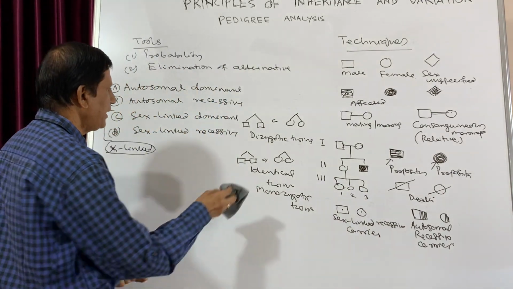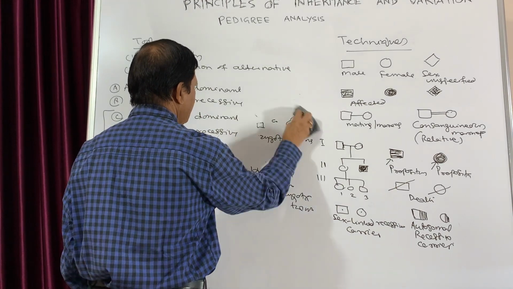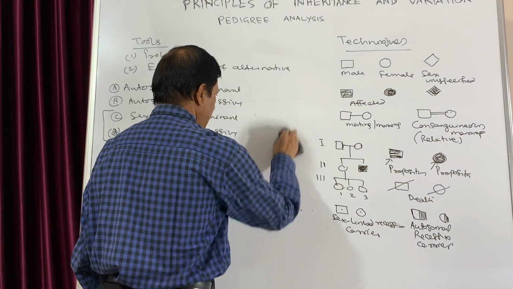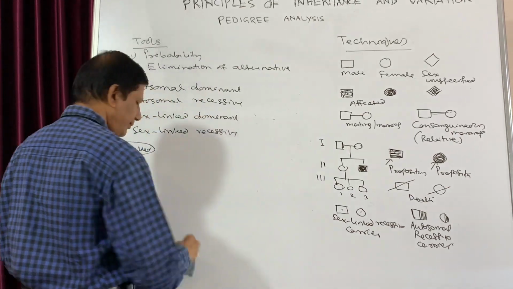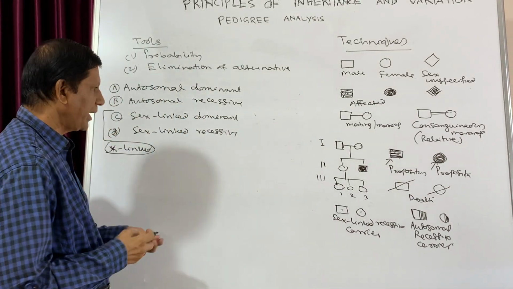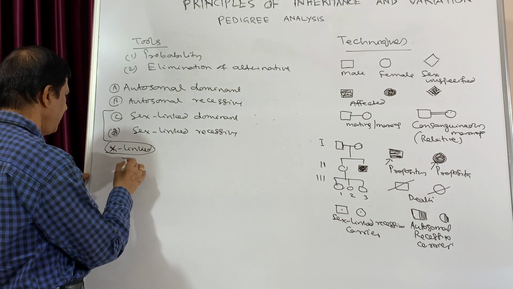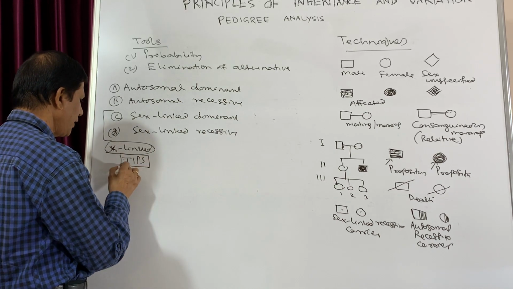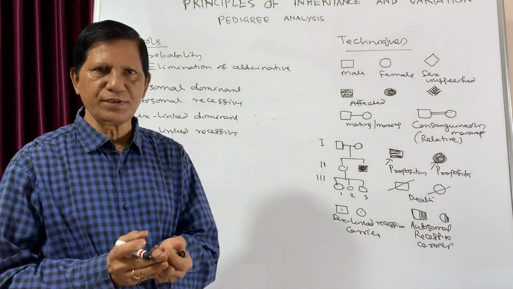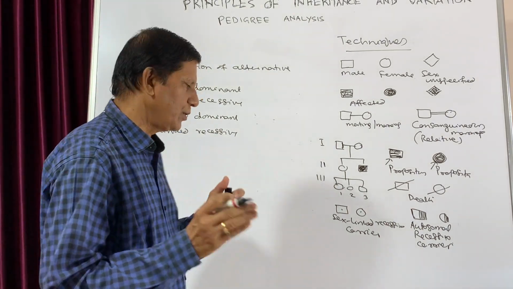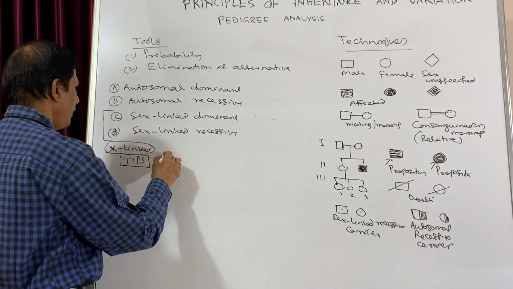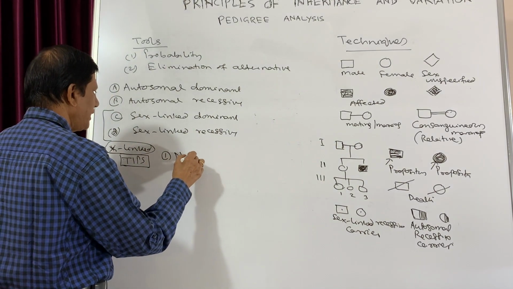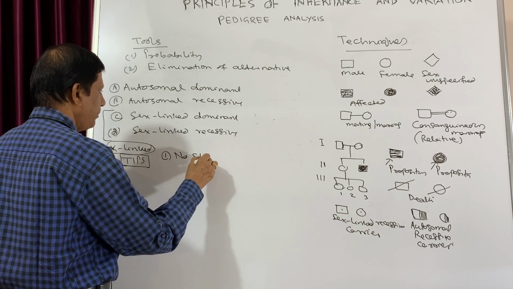Now when we study these 4 types of inheritance, what is the clue that we have to see? Or we can say, what are the tips? This is very important, because unless you know some of the tips, it will be very difficult. So what are the tips? Number 1 tip is no skipping of generation.